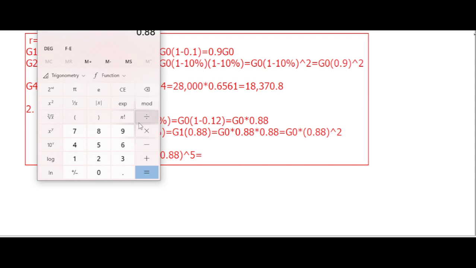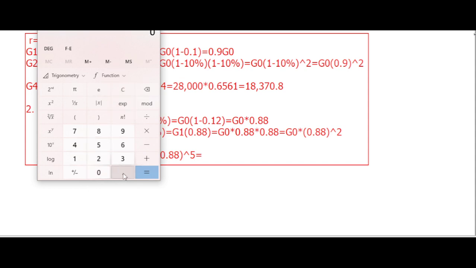0.88 times 0.88 times 0.88 times 0.88 times 0.88, how many times? 1, 2, 3, 4. Okay, let's compute simply.